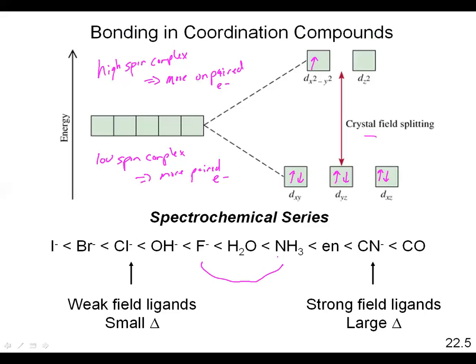So for those ligands in the middle, the problem will usually give you some piece of information as to how to distribute those electrons, as either high spin or low spin. They may say do it as a strong field or weak field ligand.